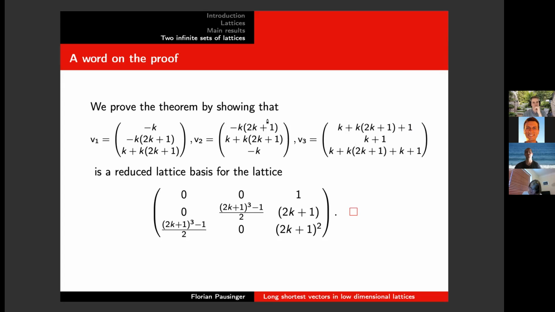So with these three vectors, we can show that they indeed are a reduced basis for the lattice that we get from the lemma I showed you and from the different parameters. And similarly, one can also show the other theorem in that way. So just find the reduced basis and prove that it is indeed a reduced basis.